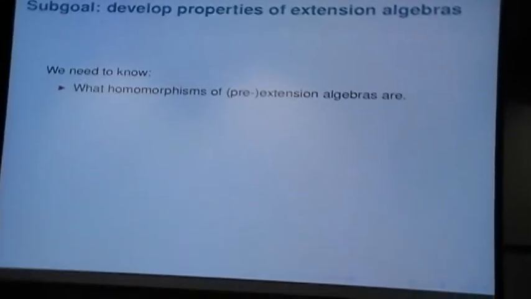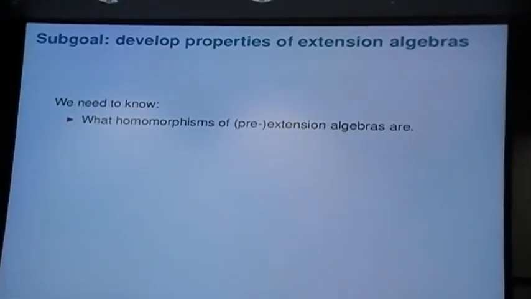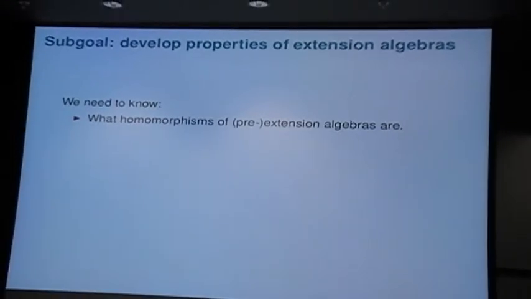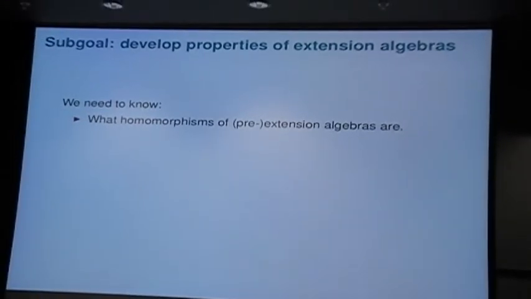Before we can continue, we need to develop a little bit of theory of extension algebras, because weakening and substitution are going to be homomorphisms of extension algebras. So we need to know what these homomorphisms are.